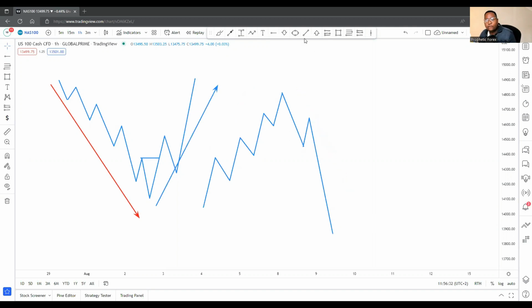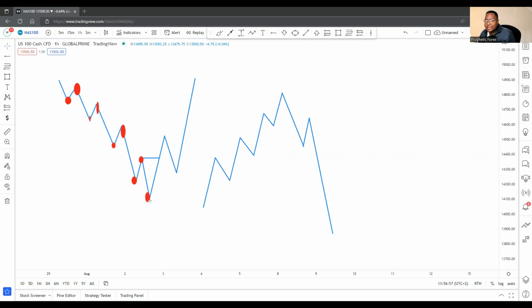Okay, once we've understood and laid out that foundation, now we need to understand the behavior of the market. In a bearish market, we have lower lows, lower highs, lower lows and lower highs. The market needs to give us these lower lows and lower highs.